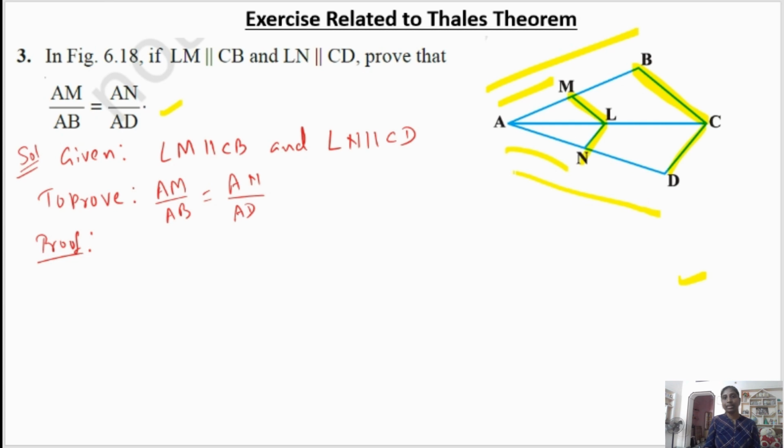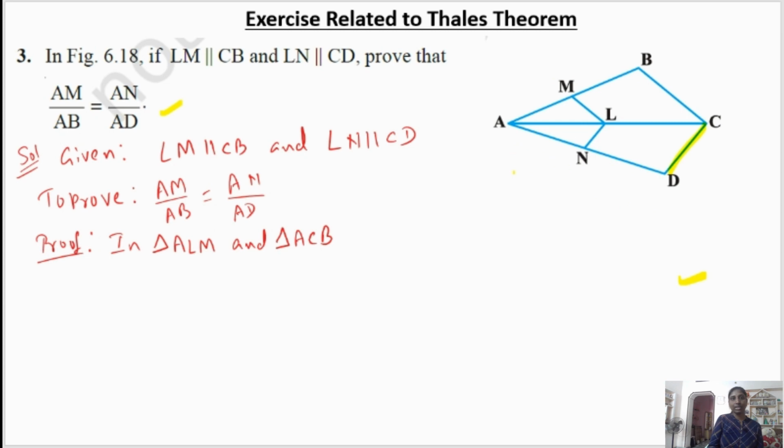So here we can take these two triangles, triangle ALM and triangle ACB. So in triangle ALM and in triangle ACB, we can see that LM is parallel to BC.